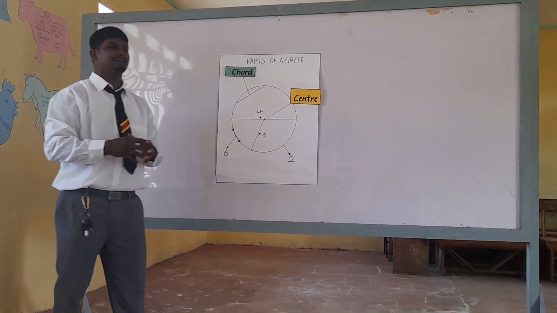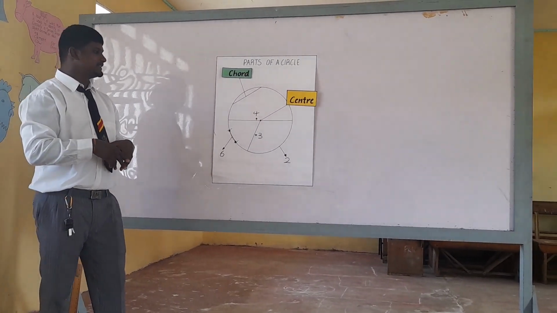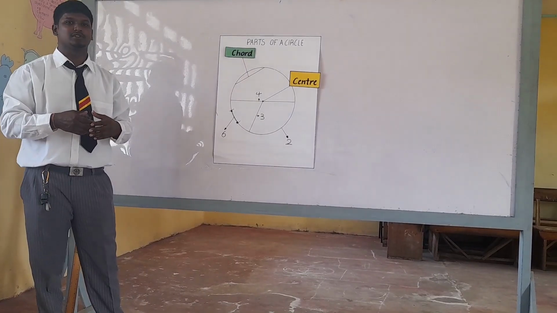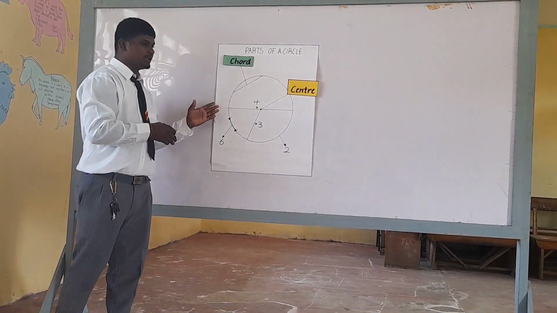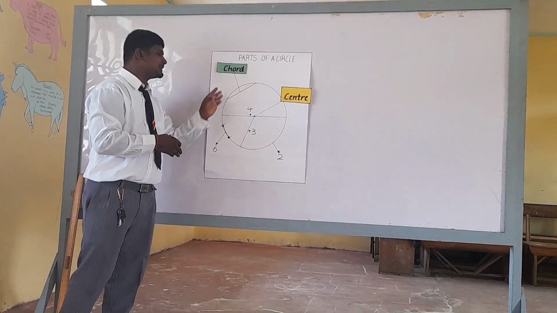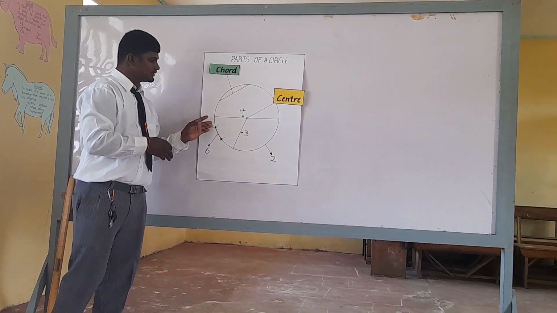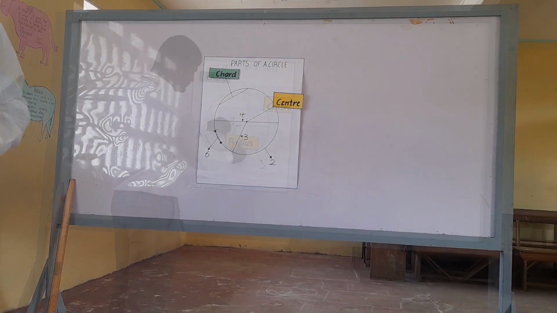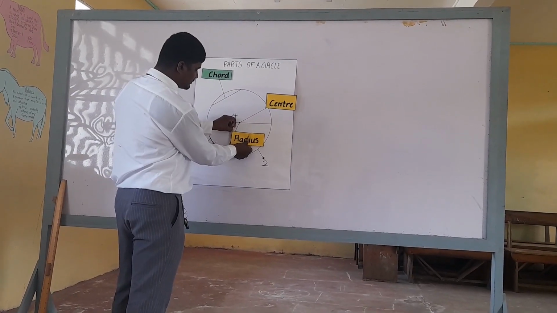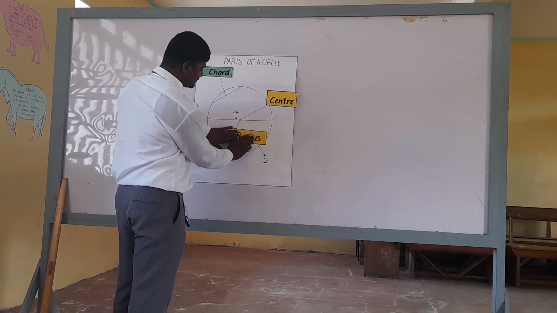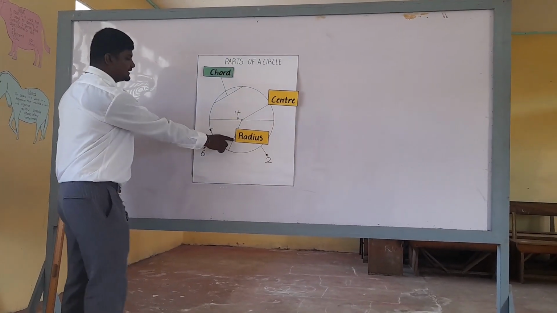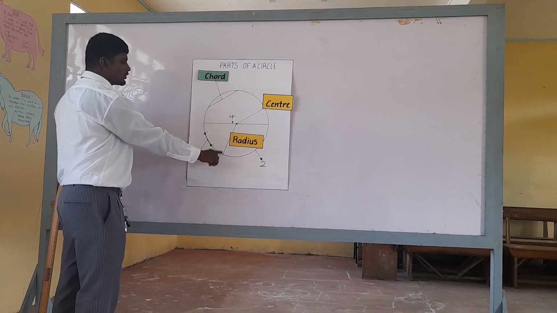If you look back at the definition, it says that the radius is the length from the center of the circle to one end of the circle, right? It could be anywhere on the circle. Okay, sir. So let's place it where it should be. This line here is our radius, right?